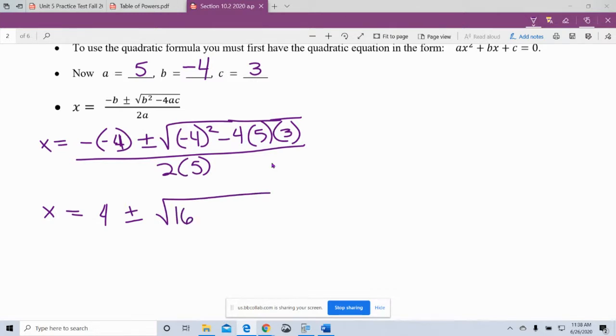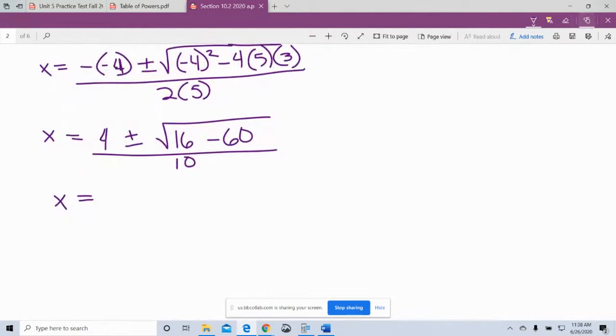All right, then with these three numbers that I'm multiplying, one of them is negative, the other two are positive, so I know it's going to be a minus here. 4 times 5 is 20, and 20 times 3 is 60. And that's all over 2 times 5, which is 10. So inside of that radical, you should be getting a negative 44.